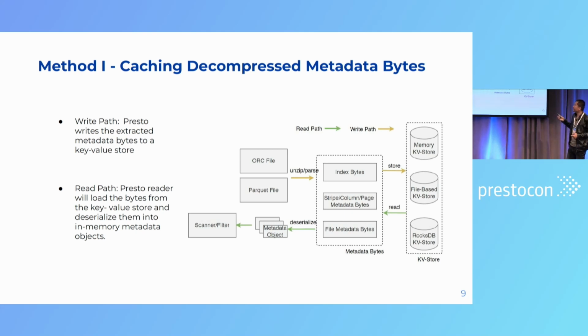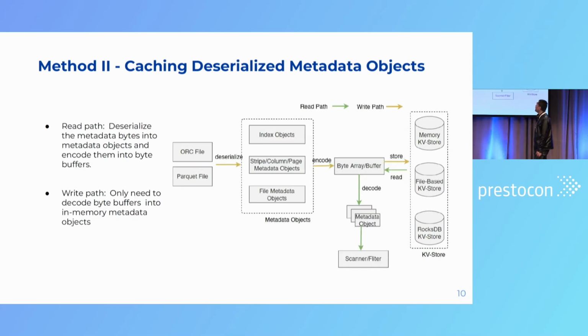Now, here is the first approach. We cache the raw bytes, not the structured object. But we found the CPU is still the bottleneck. So then we have the second approach. We still need to extract the data, and when we extract the bytes, we follow the previous approach.